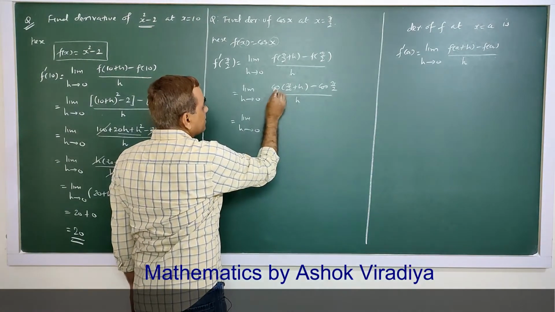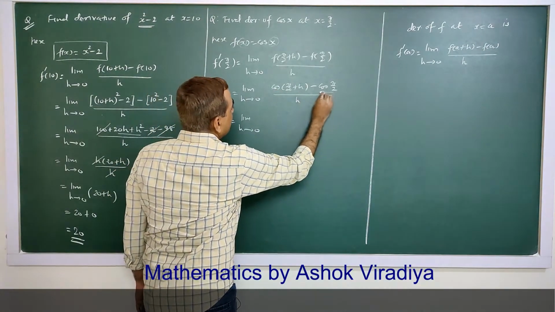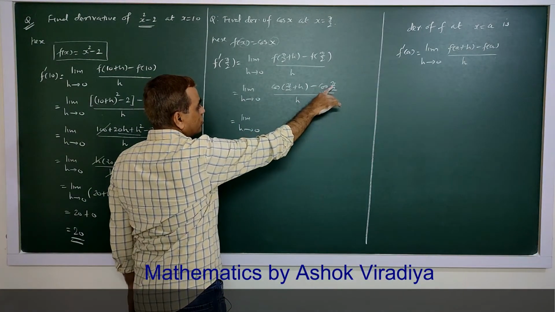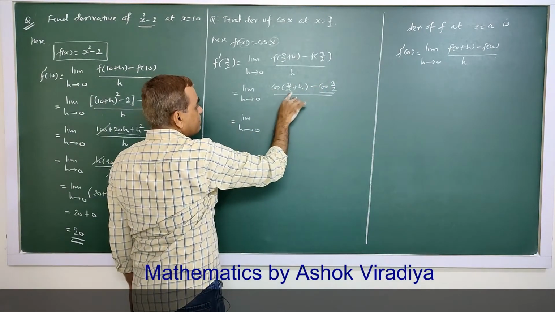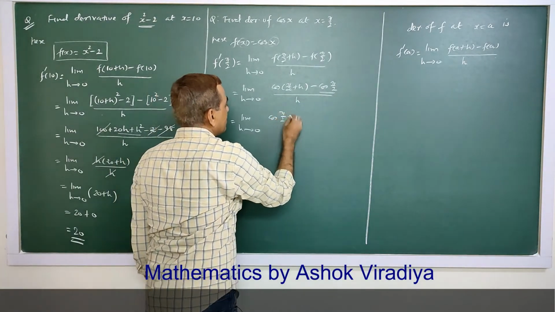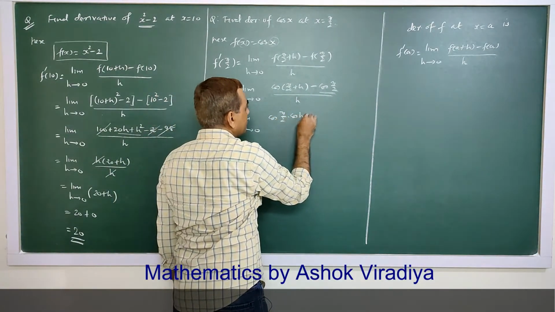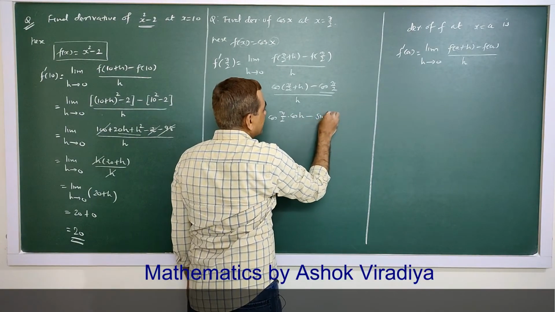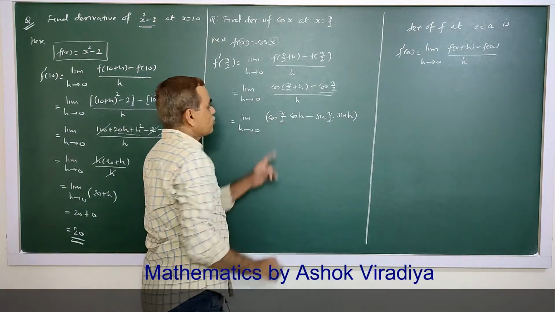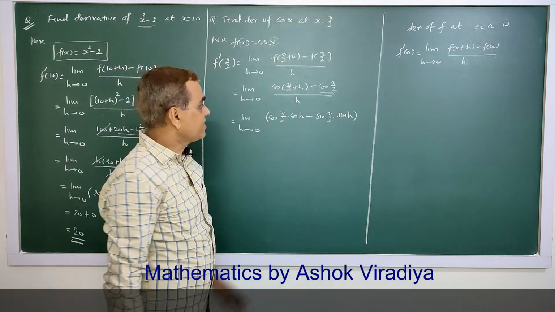Now see, cos pi by 2 is 0. Here we expand this, cos alpha cos beta minus sin alpha sin beta.